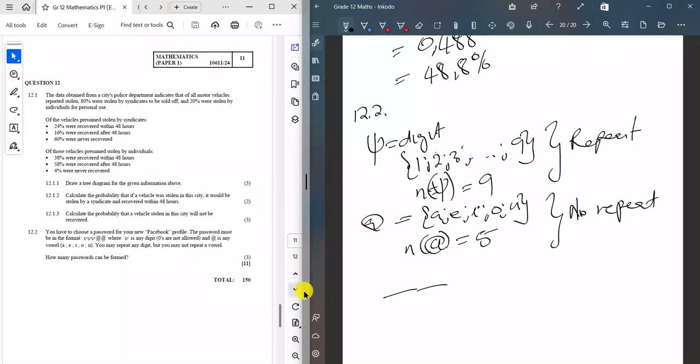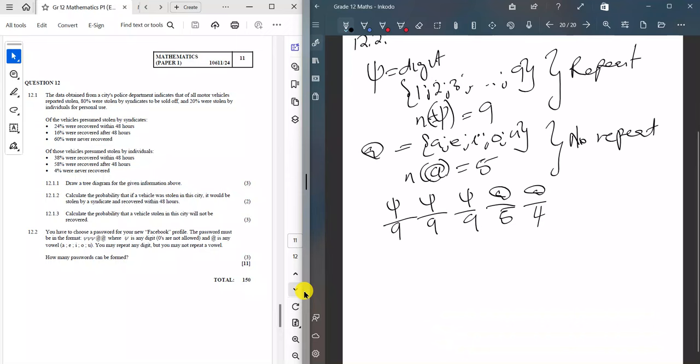So how many passwords can be found? Remember, it is this, this, this, and then this is the at. We have 9 digits to choose from, and they can be repeated. For vowels, we have 5. Choosing one of the 5, you'll be left with 4 for the remaining. So the number of passwords will be 9 times 9 times 9 times 5 times 4.